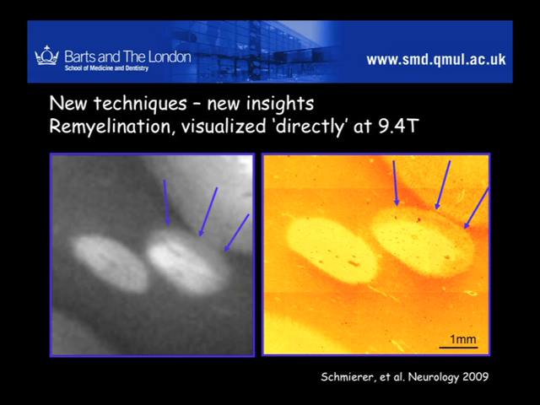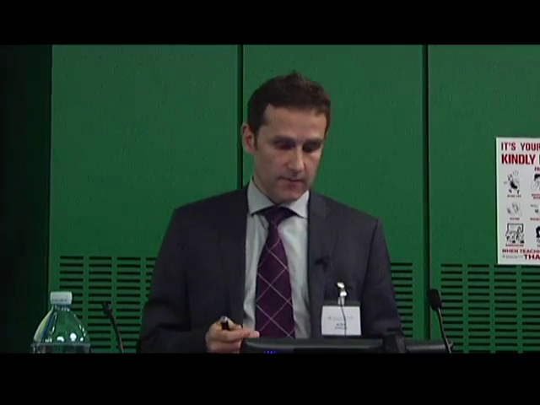So this is the MRI, this is the histological section, this is demyelination, that is also demyelination, but here you have this rim of remyelination. So imagine being able to monitor this in people with MS with a treatment that fosters this process, that would be extremely helpful.